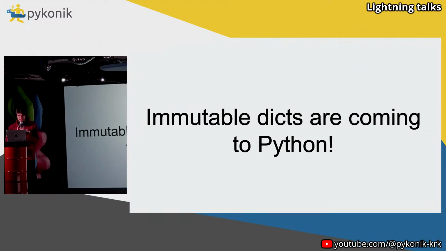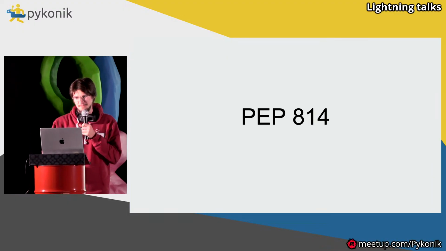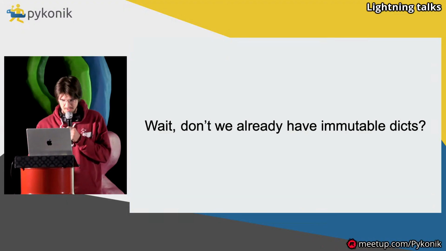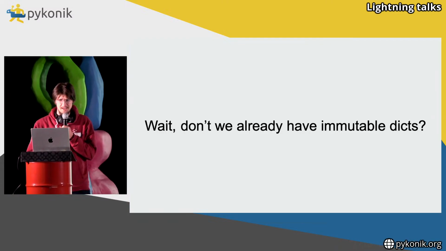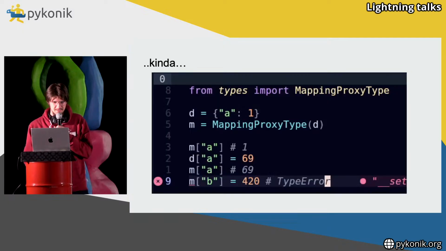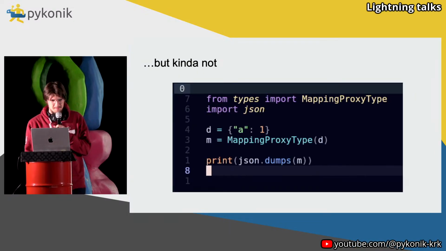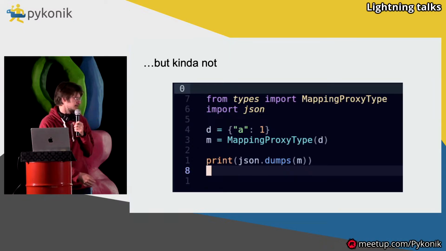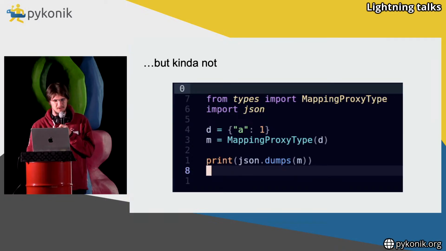Okay, immutable dicts are coming to Python. It was proposed in PEP 814, and you may ask why we don't already have immutable dicts. Kind of. There is the mappingproxy type, which behaves a little bit like an immutable dictionary, but also kind of not, because if you try to dump a JSON string from it, it doesn't work.